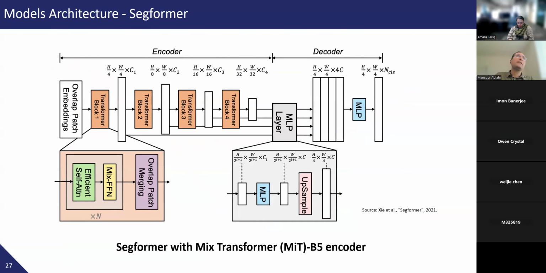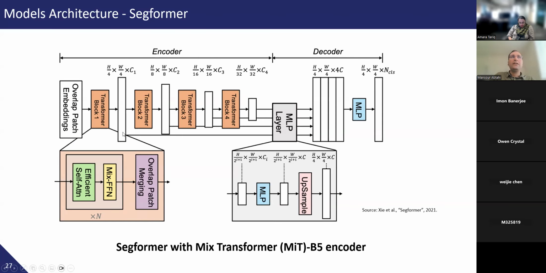The other model that I use is Segformer. Segformer is also a vision transformer model. It is also a UNet architecture. It has 4 transformer blocks, each one with an efficient self-attention module and also a mixed feed-forward network with overlap patch merging during the processing.